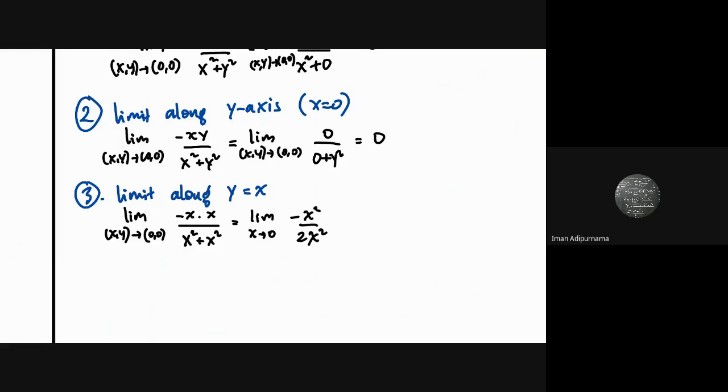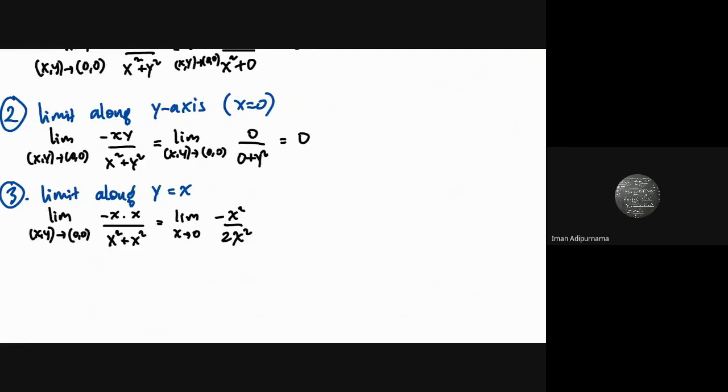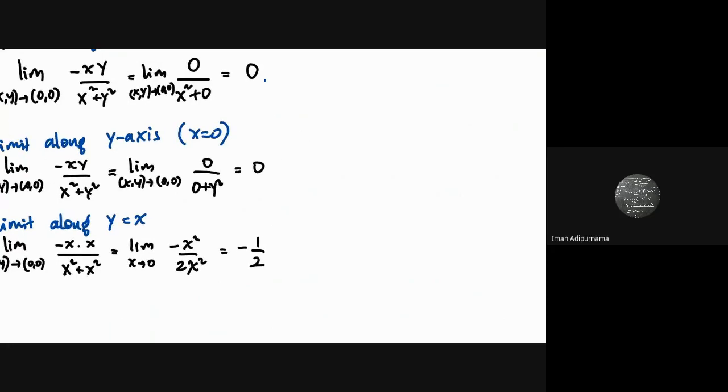But this is the same variable, so we have negative half. So it's not 0. So this and this, okay, it's 0. It's 0, right? Our observation is good, right? But here it's not equal to 0.